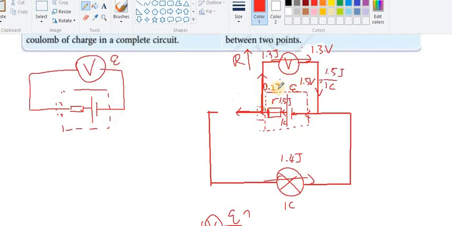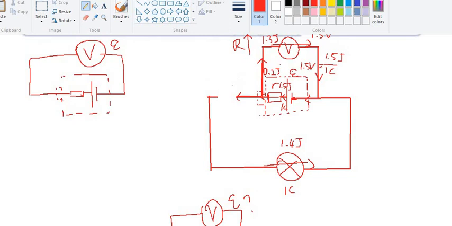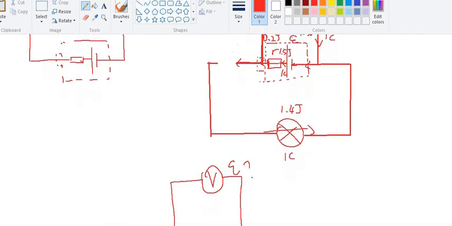So what I mean is that if the internal resistance is high, then a significant amount of energy will go to the internal resistance. You have to look back at what we discussed in the previous topic.